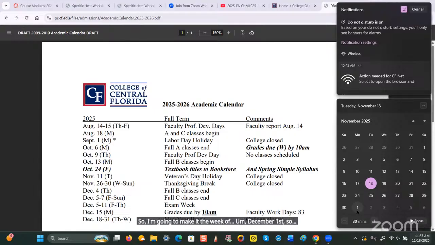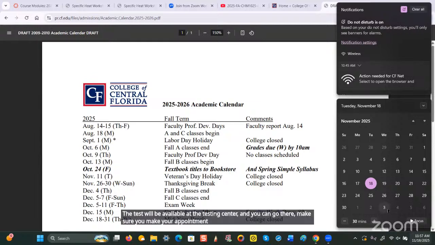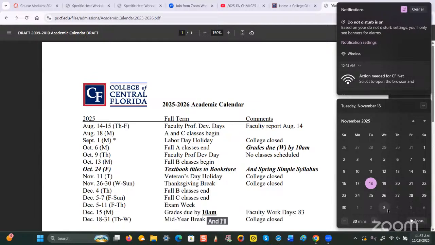So from December 1st to December 5th, the test will be available at the testing center, and you can go there, make sure you make your appointment and so on, and do that test. And that test will be based on chapter 7, 8, and 9. All right, so what we cover today will not be on that test.